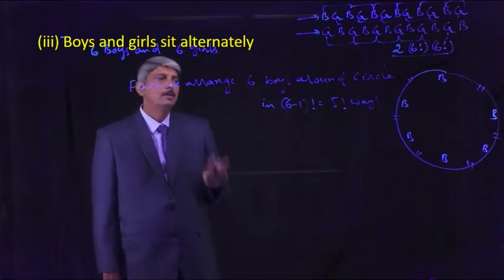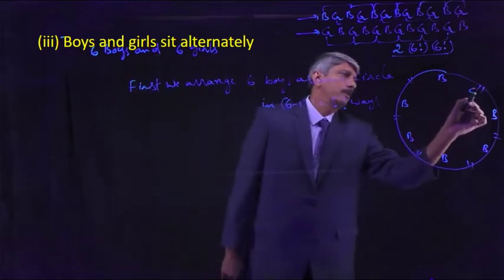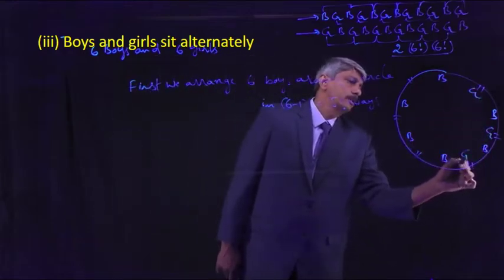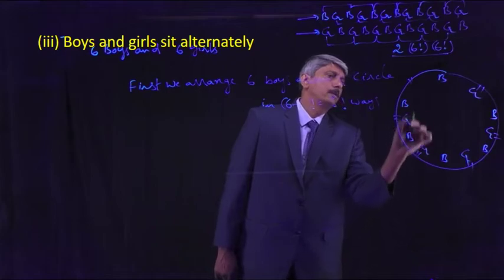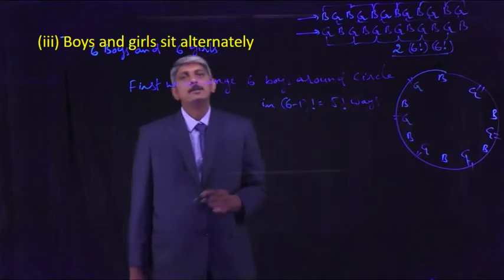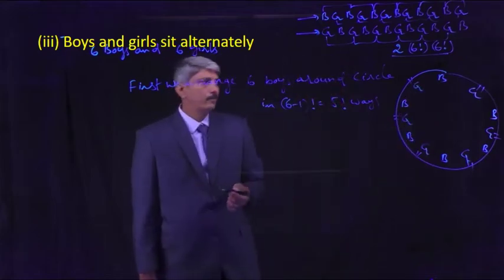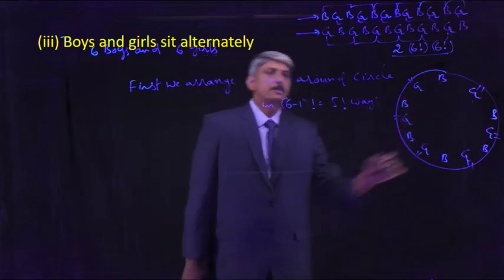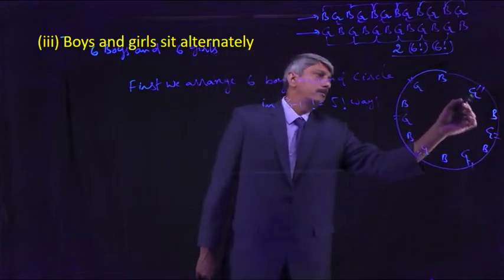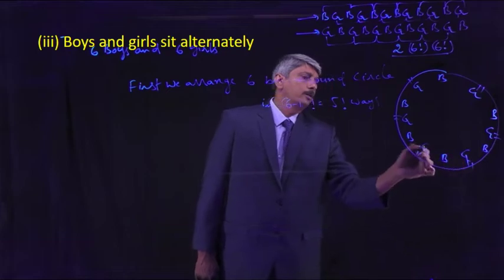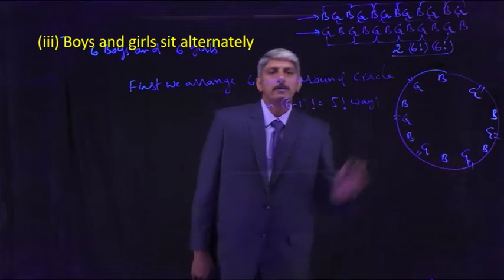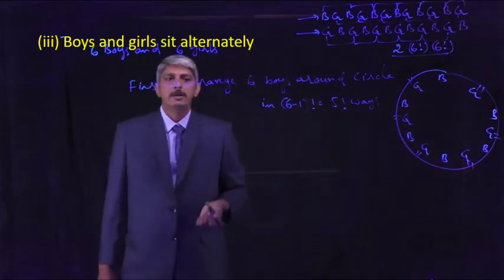So, girl, 6 girls, 6 gaps. Therefore, by observing this circle, girl, boy, girl, boy, and so on. Therefore, boys and girls sit alternatively.